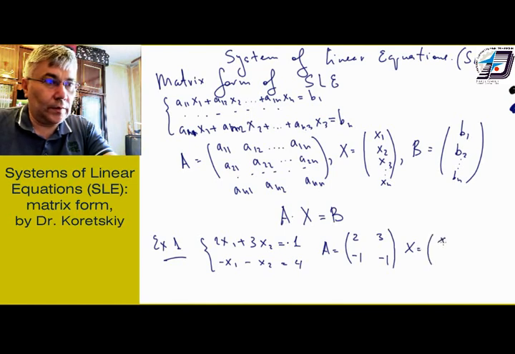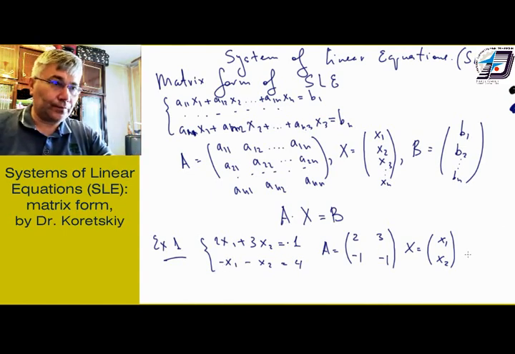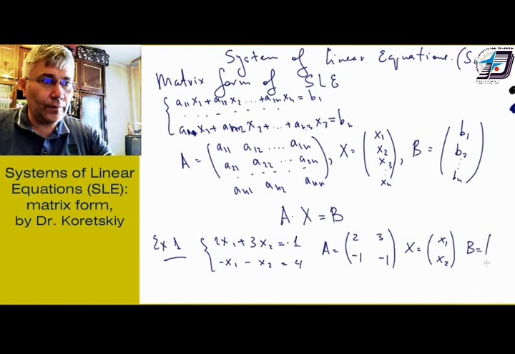Matrix X equal x1, x2. Take into account that these elements keep their sign according to the given equation. If you have a minus here, it doesn't mean that a21 is just 1. It is minus 1. And b equal 1, 4.